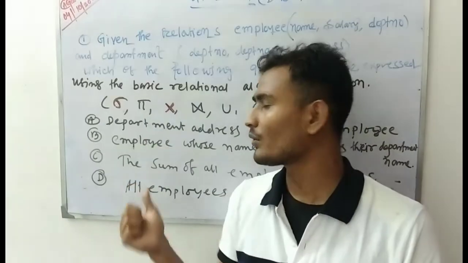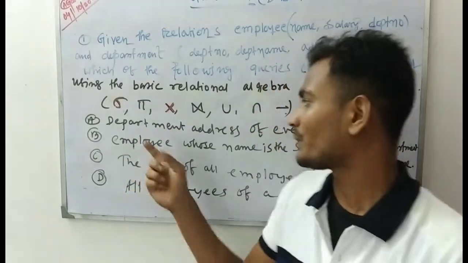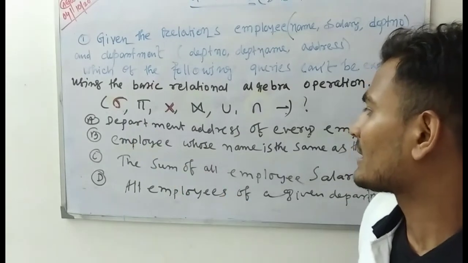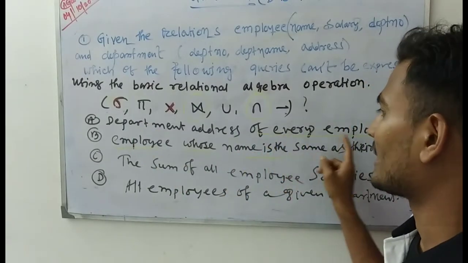There are four queries in this case. My first query: the department address of every employee.